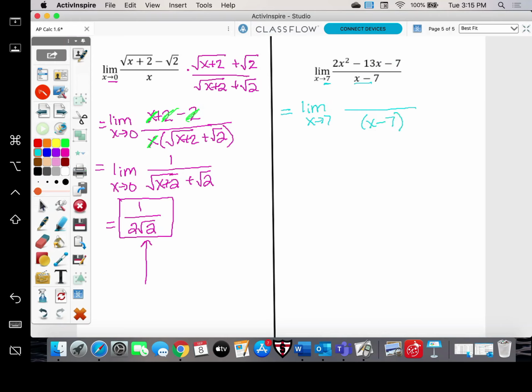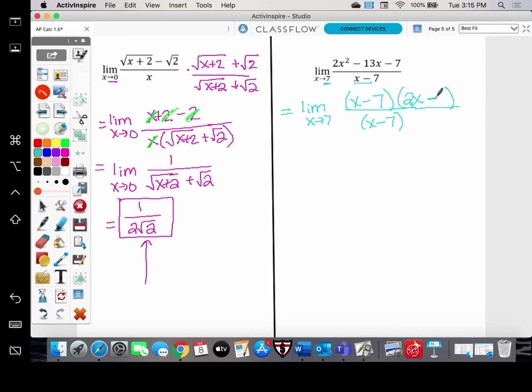Now, if I were willing to place bets on this, I would need an x minus 7 to cancel with the x minus 7 on the bottom. So that might help us factor if we're having any sorts of trouble with that. But factoring quadratics is something that hopefully you're really good at because it does happen a lot.